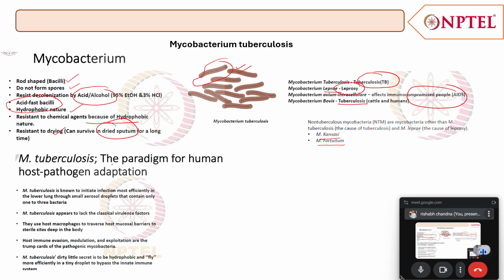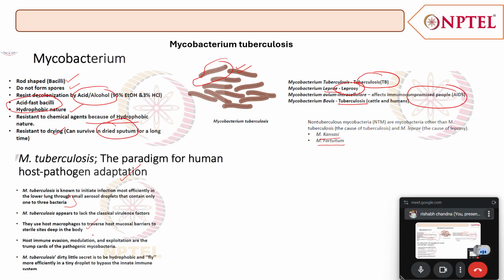So this is the paradigm for human host-pathogen adaptation. The tuberculosis pathogen is known to initiate infection most efficiently in the lower lung through small aerosol droplets that contain only one to three bacteria. Tuberculosis appears to lack the classical virulence factors. It uses host macrophages to transfer across host mucosal barriers to sterile sites deep in the body.